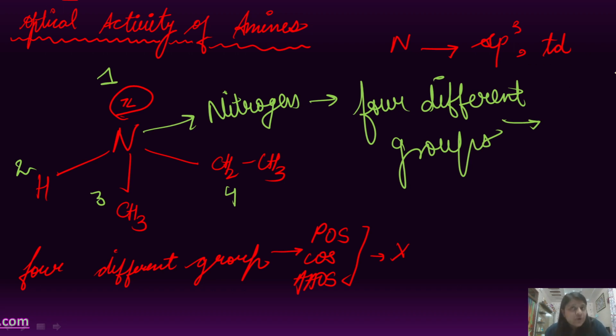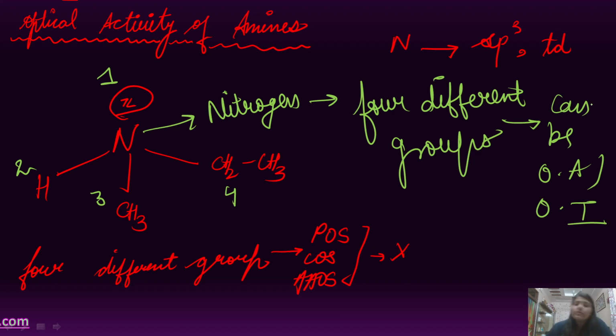I am not assuring you that all nitrogens connected with 4 different groups are optically active. No, we have some criteria, some barriers to the optical activity of amines, that we are going to learn in this lecture. If the nitrogen is connected with 4 different groups, then it can be optically active or inactive, but we cannot simply determine it like that.